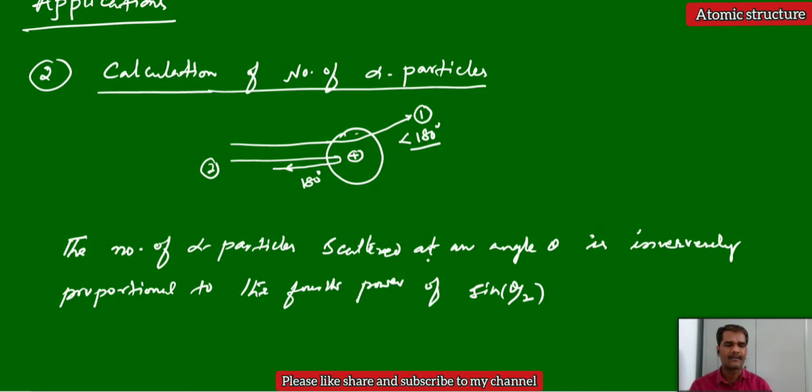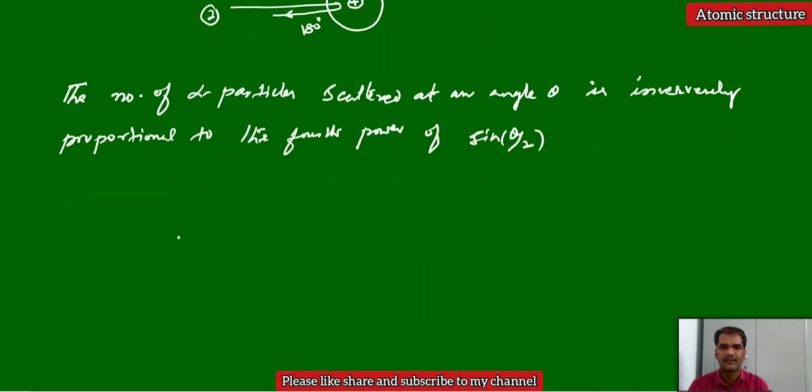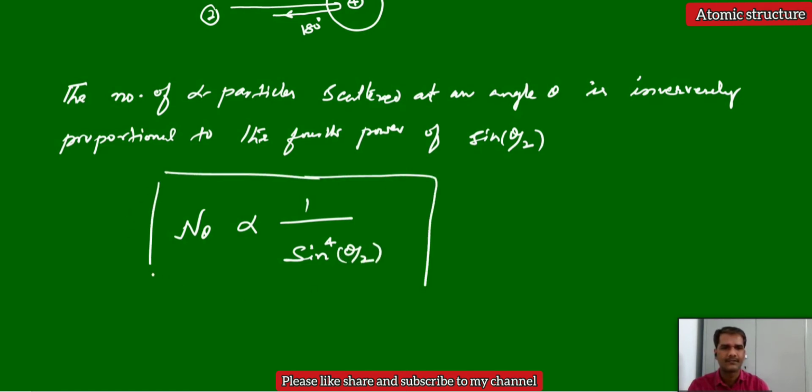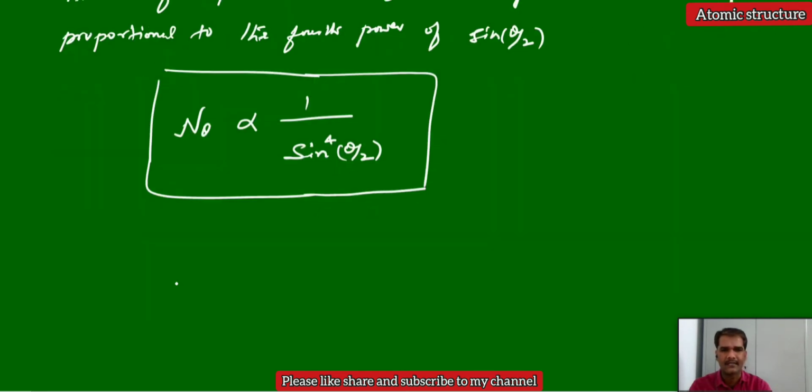So the number of alpha particles scattered at an angle theta is inversely proportional to sin power 4 theta by 2. This is the formula. From this, the higher the scattered angle, the lower the number of alpha particles, and the lower the scattered angle, the higher the number of alpha particles scattered.